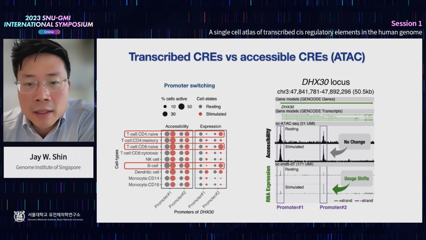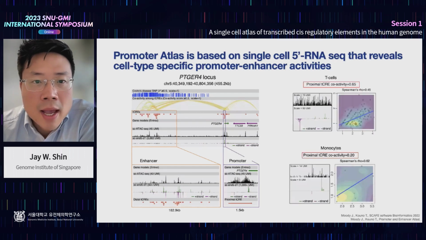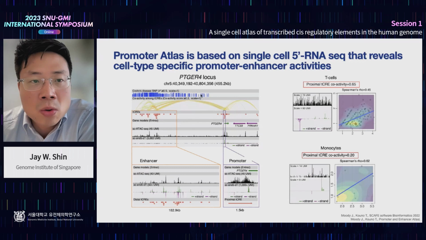So hopefully this gives you an idea of the importance that switched promoters can be readily observed using RNA-based detection of the promoters compared to ATAC-seq. And because they are really dynamic in their expression, you can observe their co-activities. Here's the PTGER4 locus.